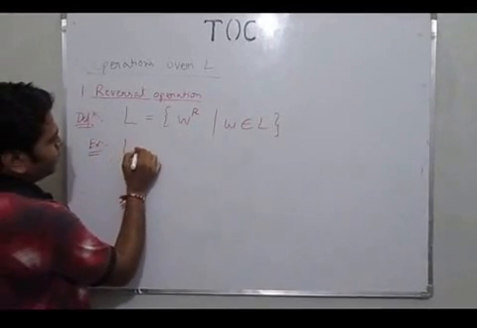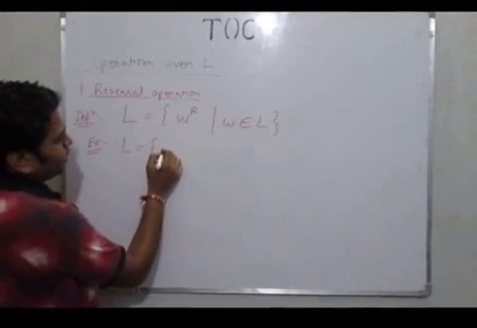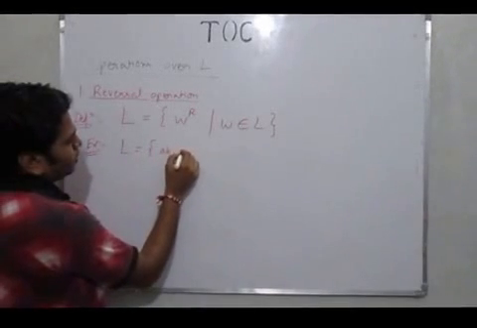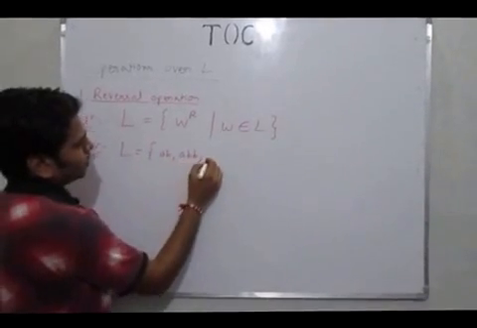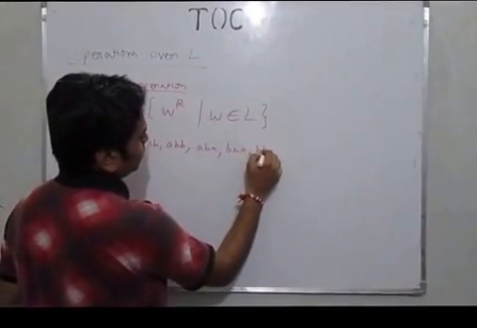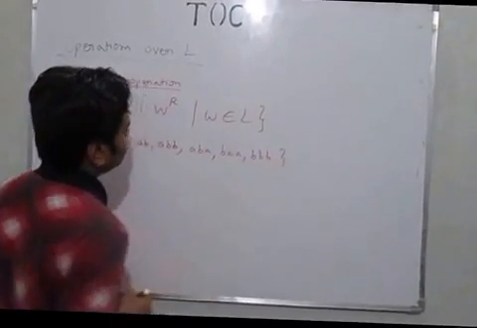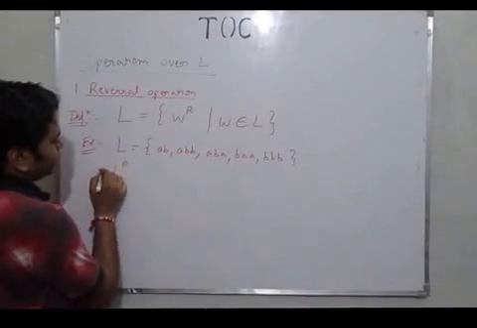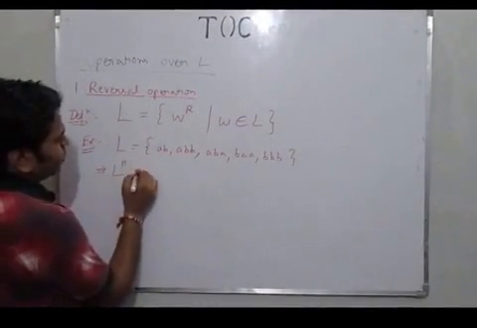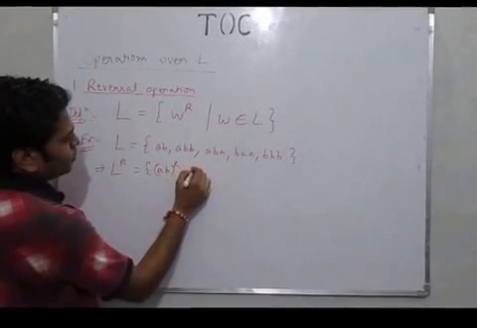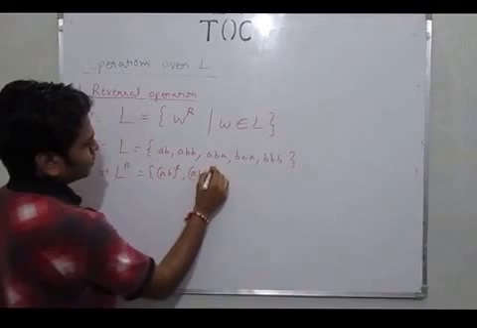Suppose I have a language like AB, ABB, ABA, BAA, BBB. Fine. This is a language. And what would be the reversal of it? Very easy to obtain. I can apply this reversal operation over each string.